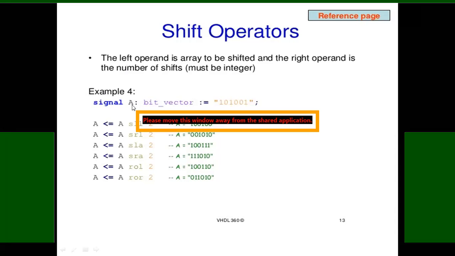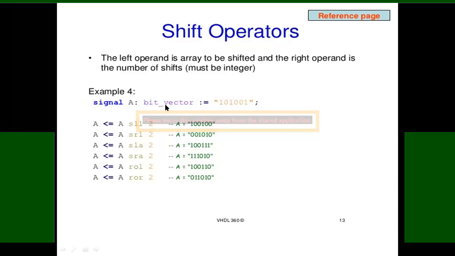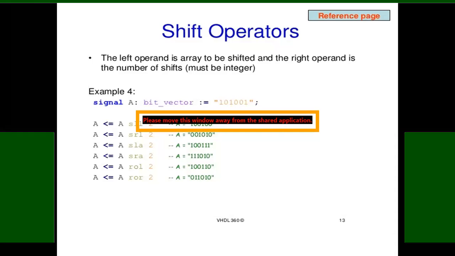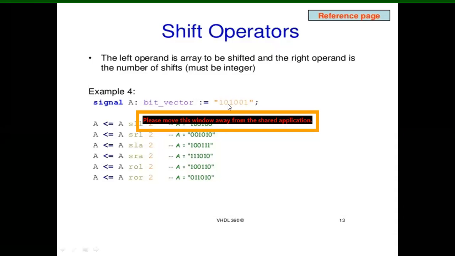Signal A colon bit vector. Shift operators are always performed on arrays of bits, therefore we take bit vector. You already know the difference between bit and bit vector. Bit represents a single digit, either 1 or 0. But bit vector is a representation of an array of bits.